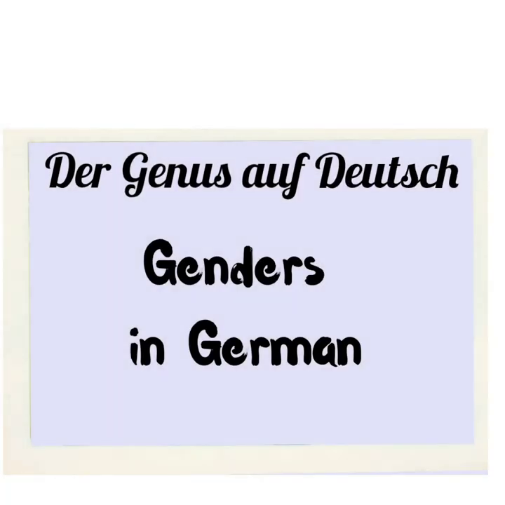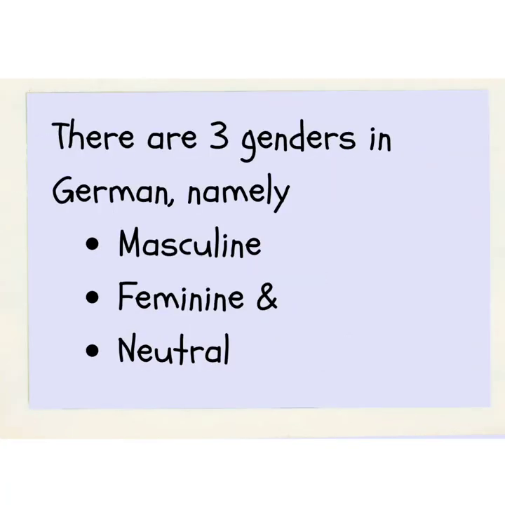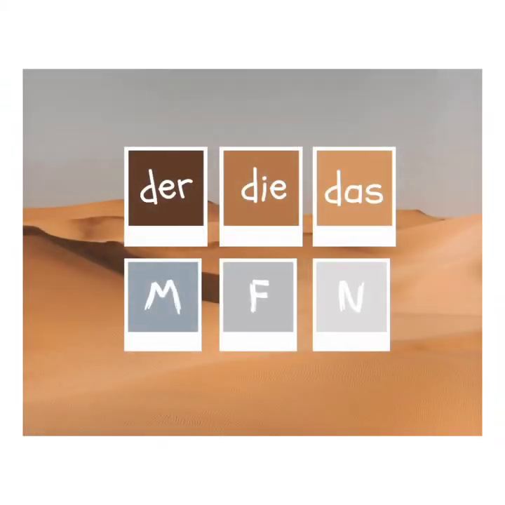So let's get started. There are three main genders in German: the masculine, the feminine, and the neuter. The masculine and the feminine are what we are all familiar with. The neuter is another one. Neuter doesn't necessarily mean that it is not a human being or that it is an inanimate object.